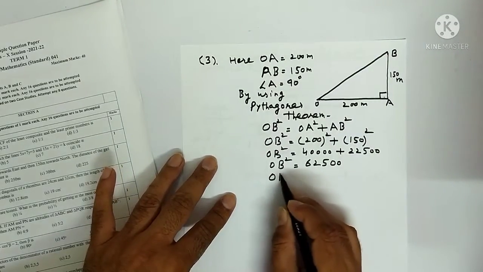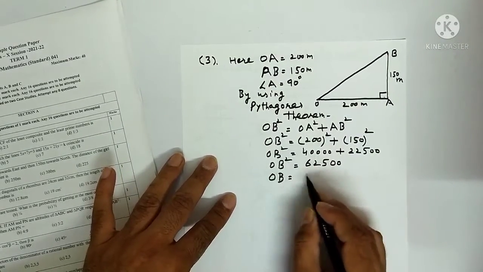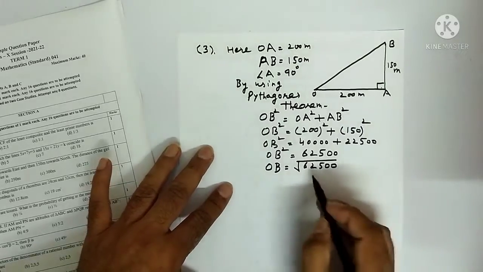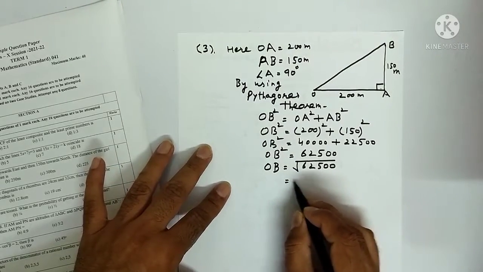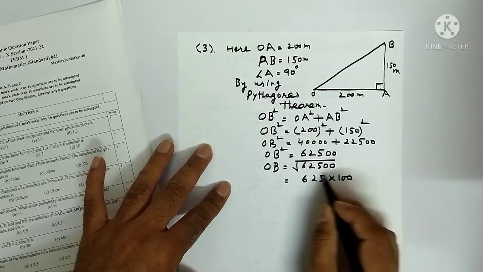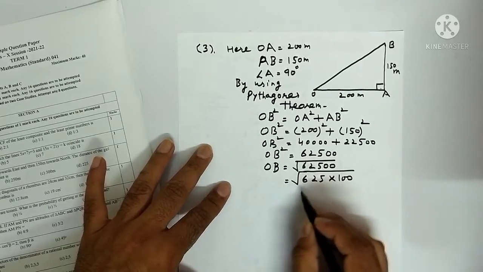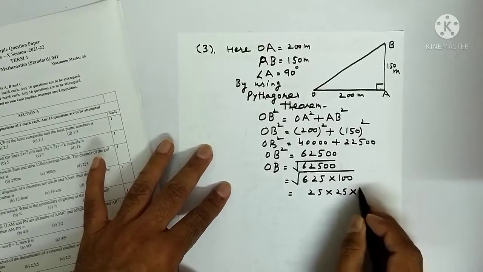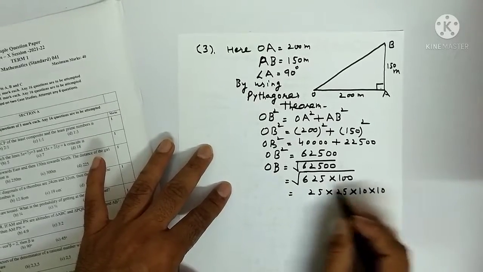Now removing the square, the other side will have the square root sign, root of 62,500. To make it simple, you can write 625 into 100 under root. 625 is 25 into 25 and 100 can be written as 10 into 10.